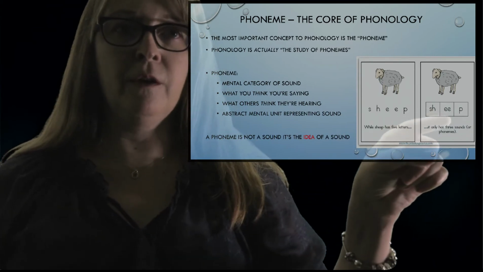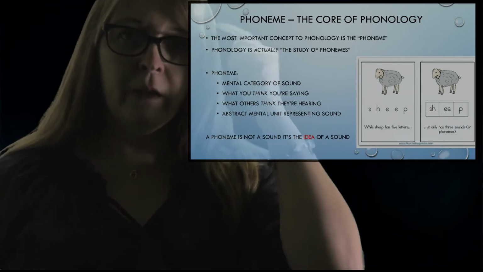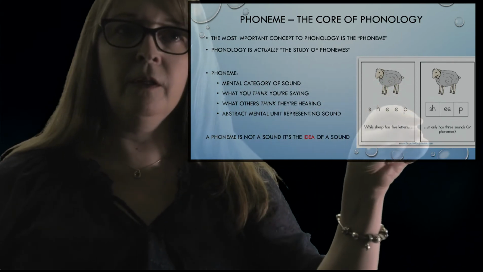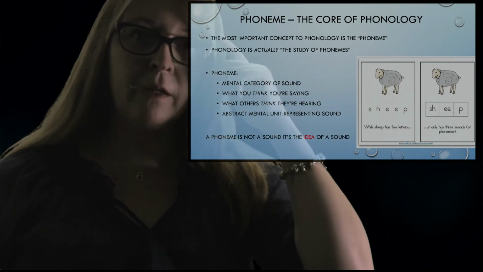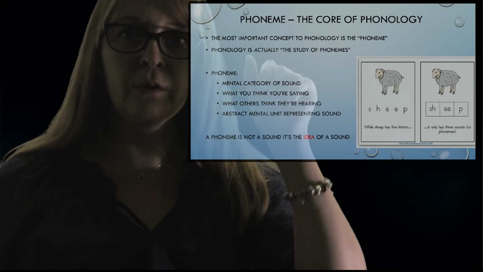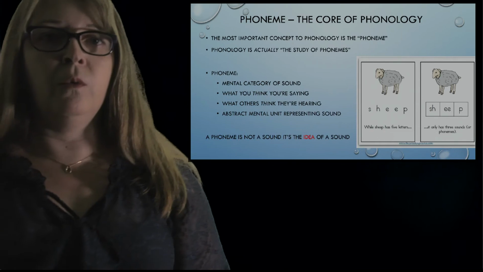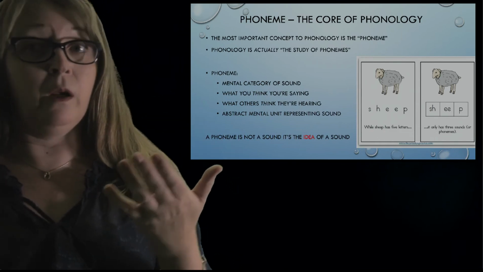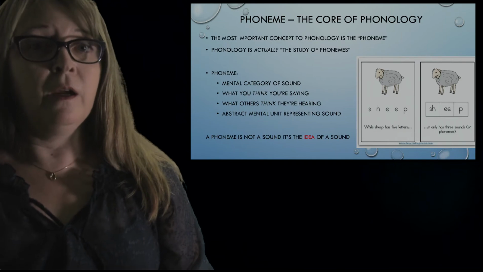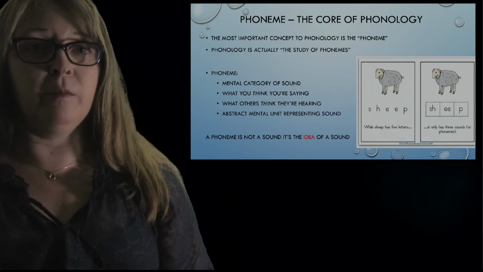So you have two e's there, but in my mind that's one sound. And this is two letters, but in my mind it's one IPA symbol, sh, right? What you think you're saying, what other people think they're hearing, and then an abstract mental unit.